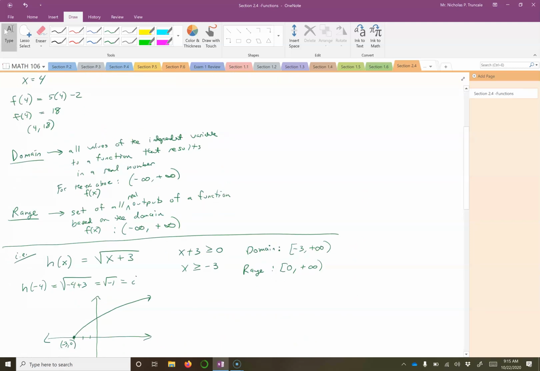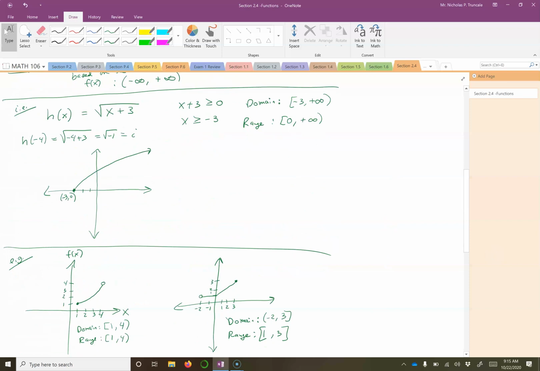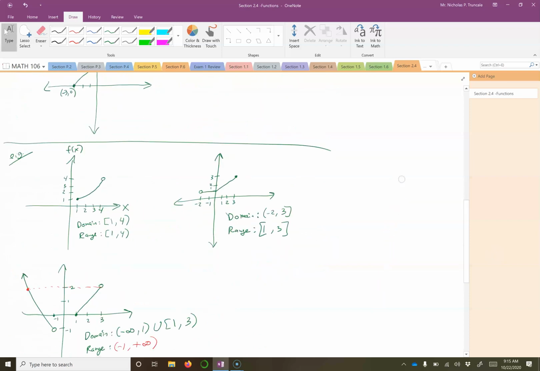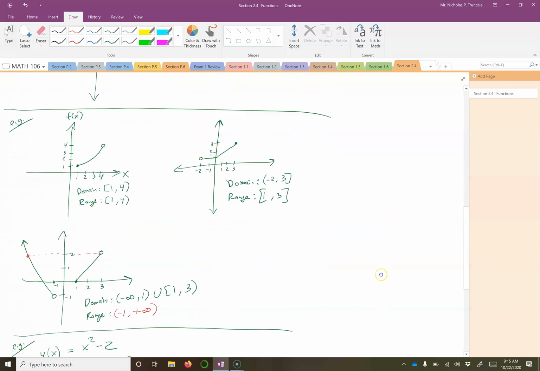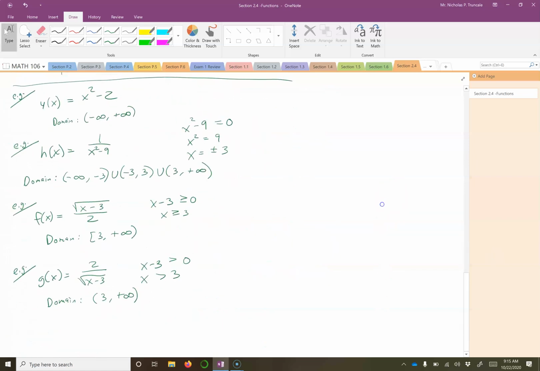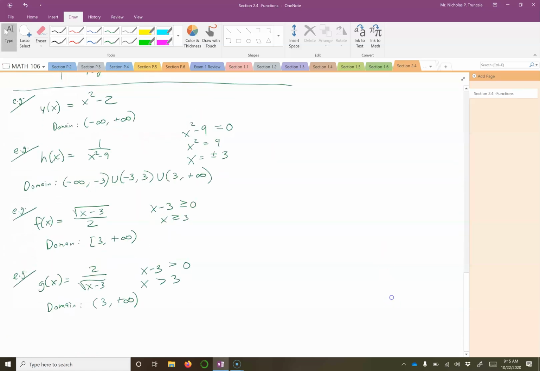We defined the domain and range, and we were able to find domain and range if we had the graph of the function, and then just determining domains from equations. And again, the only things you have to worry about are rational expressions, because the denominator can't be 0, and radicals, because you can't have a negative number in there, since that'll be an imaginary output, which we can't have for functions.